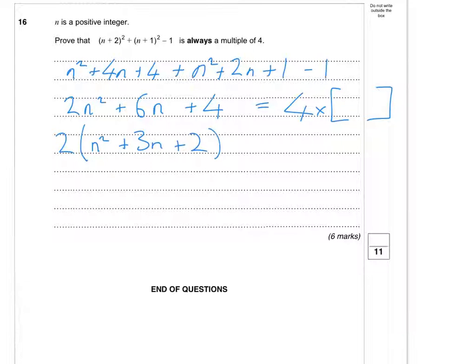So n squared plus 3n plus 2 factorizes into (n plus 2)(n plus 1).